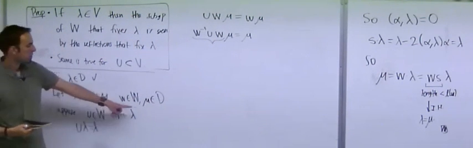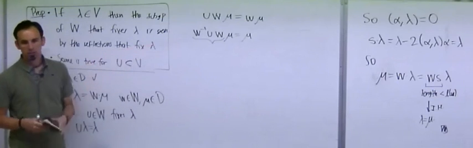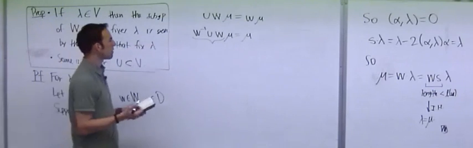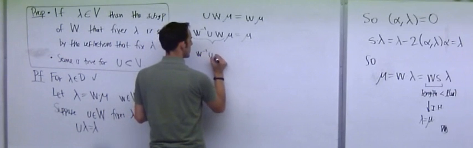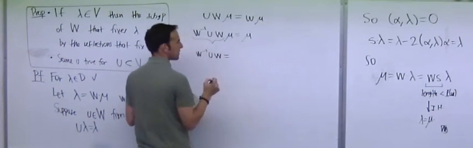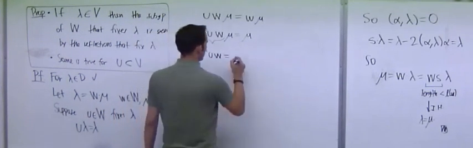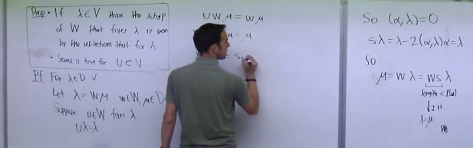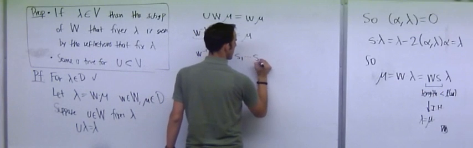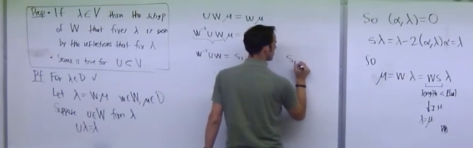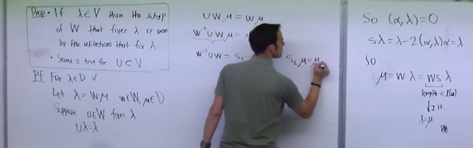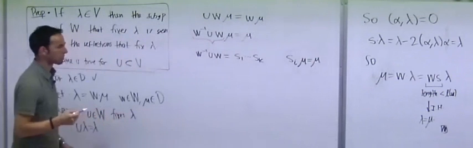And mu is in the fundamental domain, so I can apply my corollary, which says that W inverse U W is equal to a product of reflections, S1 up to Sk, all of which fix mu. Okay.